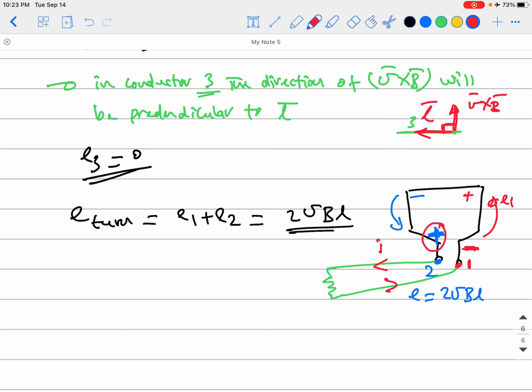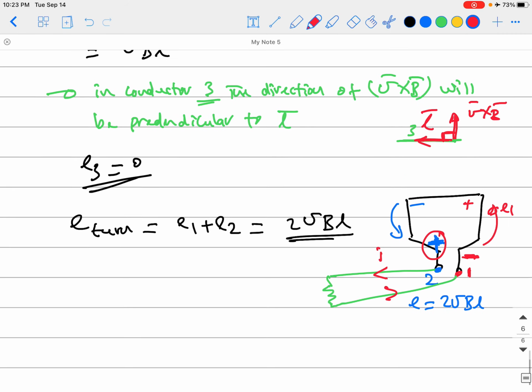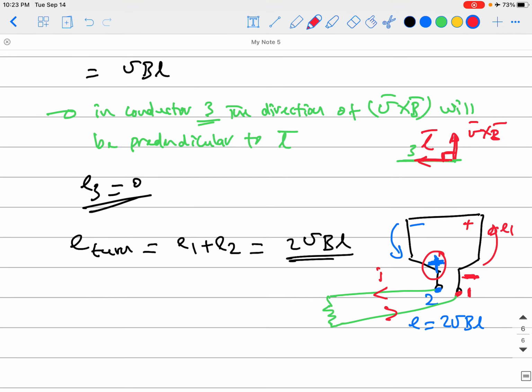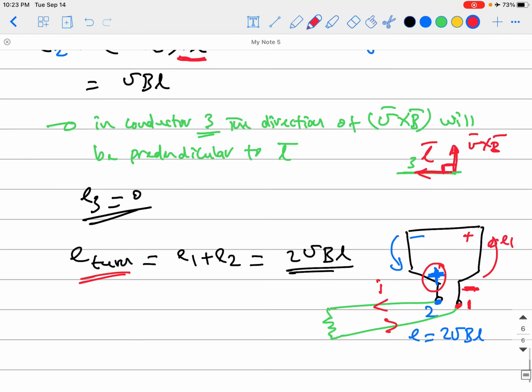And that's how you build a small generator and even quantify the amount of voltage that you get out of it. Remember, that's just E of one turn. If you have multiple turns, which is the typical case, you just multiply this by the number of turns. Okay? You just have copies of the same turn going over and over, so they will all have the same amount of voltage, 2VBL.